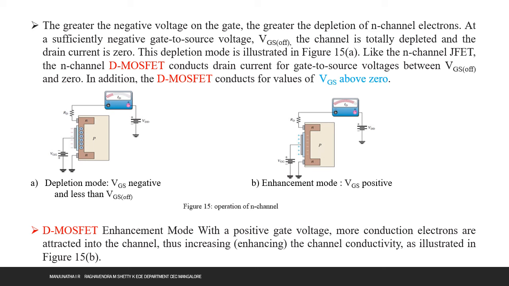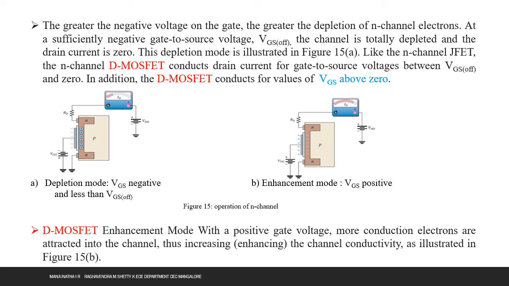So, enhancement and depletion terms. We know the picture of enhancement and depletion. Enhancement is where we are going to enhance or elaborate something. Depletion is where we are going to decrease or deplete something, right?